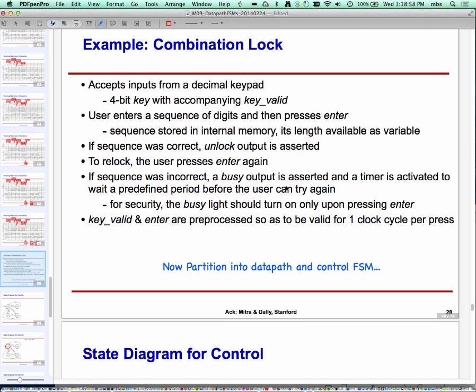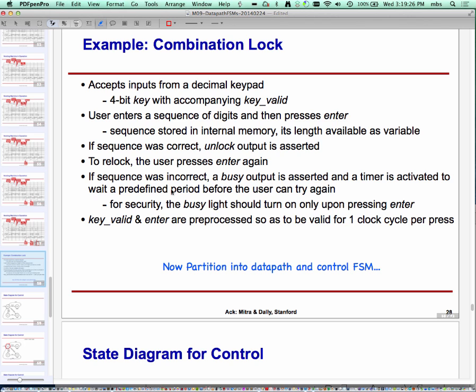So if I punch in the wrong code, then for some period of time, the lock will lock me out, so that I cannot just keep trying codes again and again. I can retry only after that timer has expired. You can think of the timer as another piece of hardware, and I can start the timer, and when the timer is done, it will send me a done signal. And meanwhile, I have to ignore any input from the user.